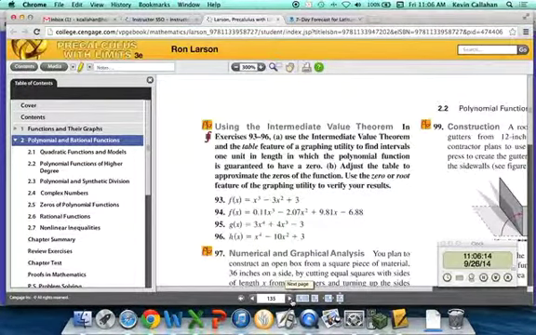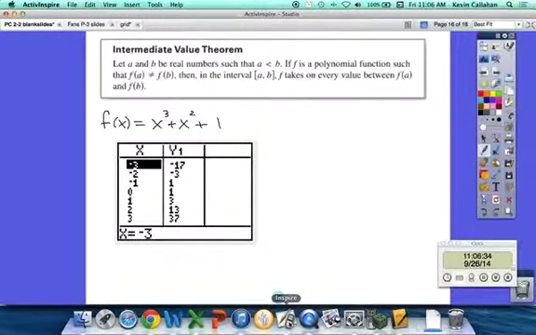Okay. Use the intermediate value theorem to give, because it's every time you come back and say, I didn't understand what they're asking for, right? It says, to find intervals of 1 unit in length in which a polynomial function is guaranteed to have a 0. So for example, on this one here, I would say the interval of length 1 where this polynomial function is guaranteed to have a zero is -2 to -1.